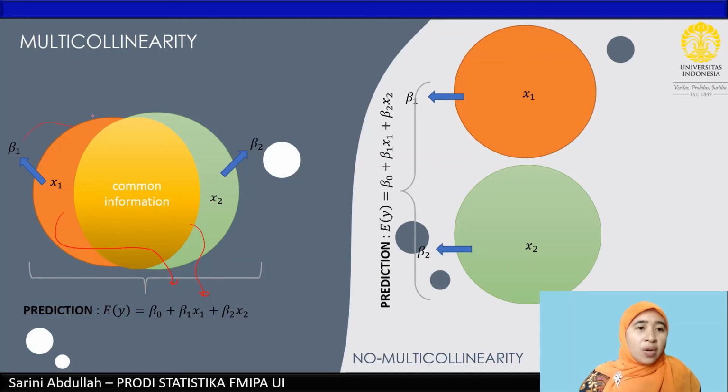As long as the whole contribution is taken into account in the model, we get the end result. So if we just want to do prediction, and we don't mind the partial contribution of each predictor, we just take the whole thing from all the predictors in the model. Then there is no problem with having multicollinearity in our model.